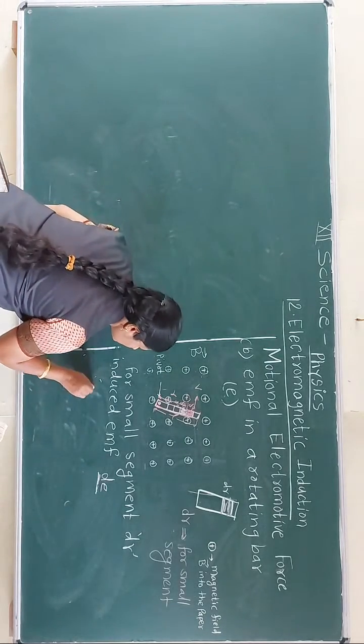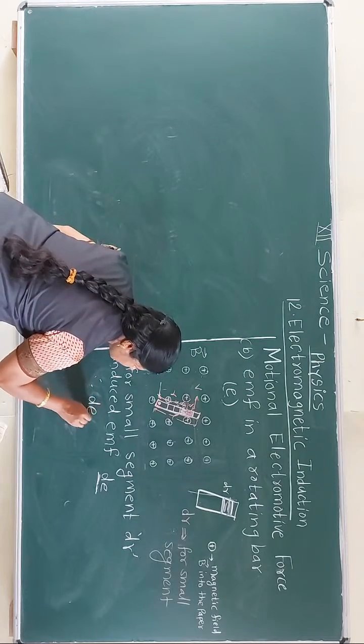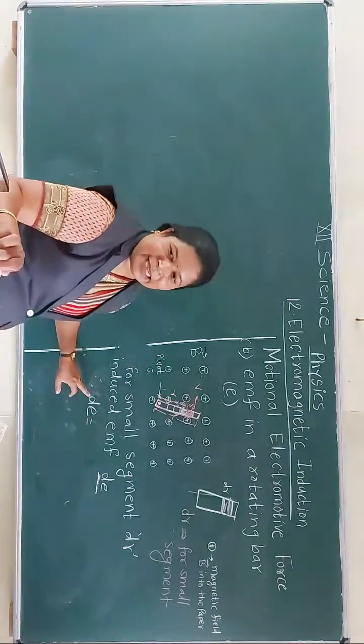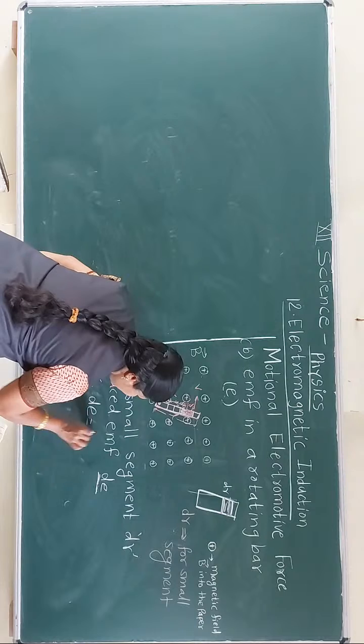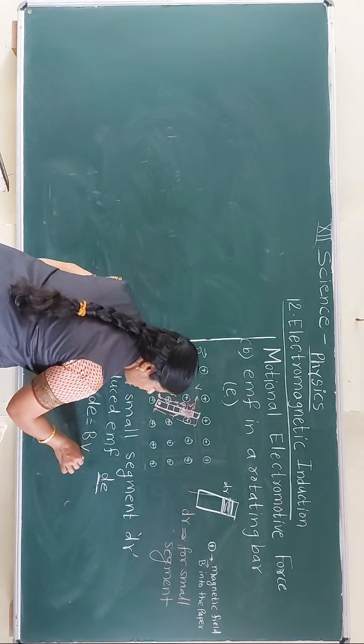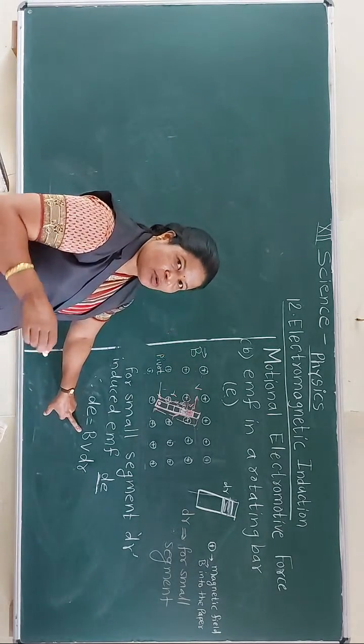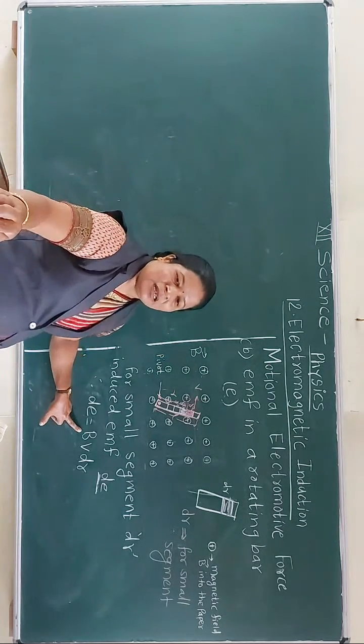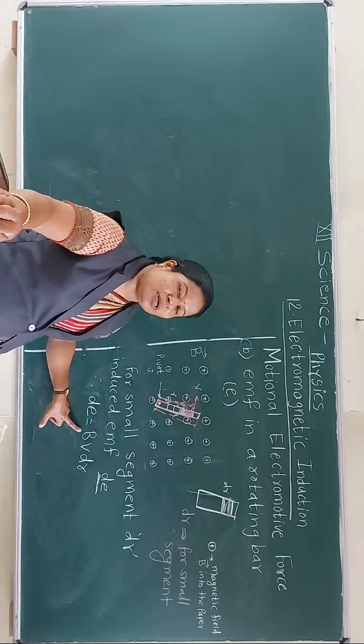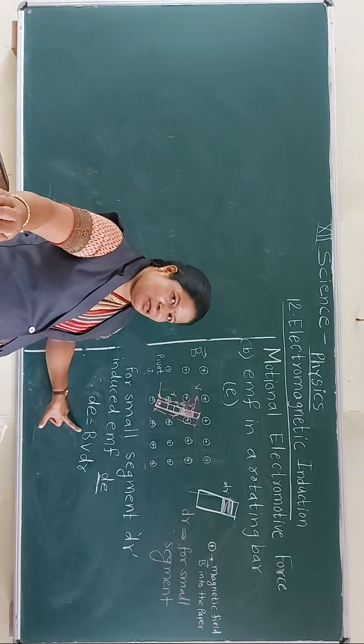Therefore, dE is equal to B v dr. We know that E is equal to BLv.